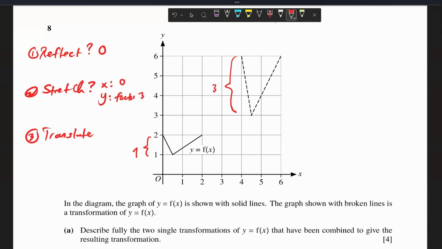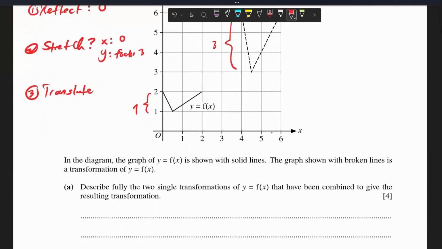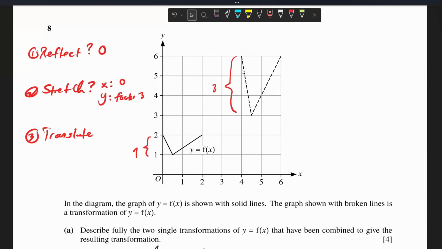All right. So that's the first transformation that I'm going to write here, which is a stretch parallel to the y-axis with a factor of 3. All right. So if we are going to apply this stretch on the original graph, if we take this point, which has a y value of 2, we would be multiplying it by the scale factor, which is 3.